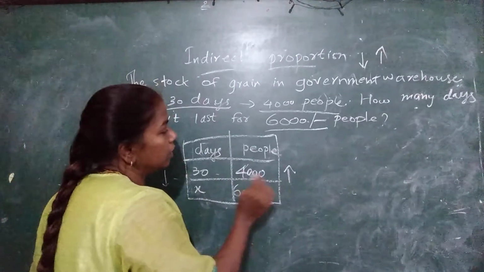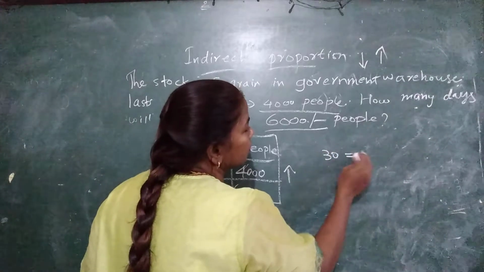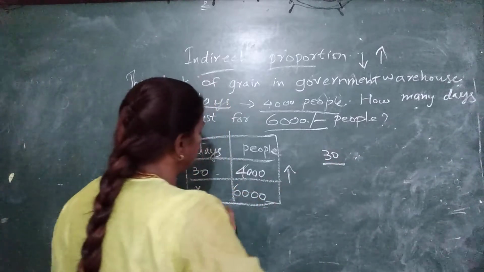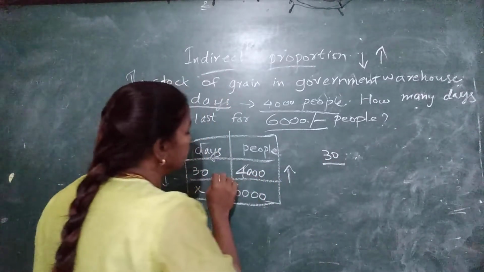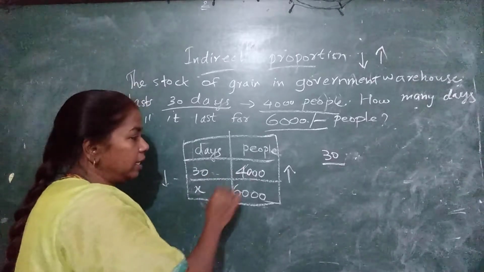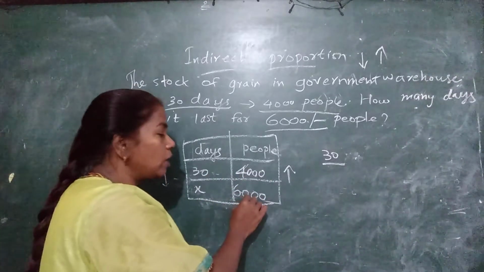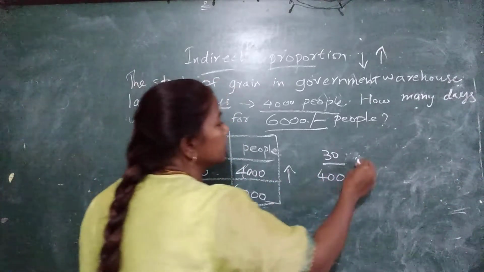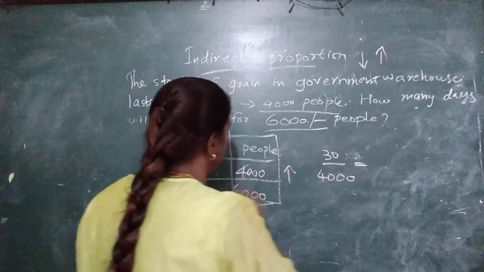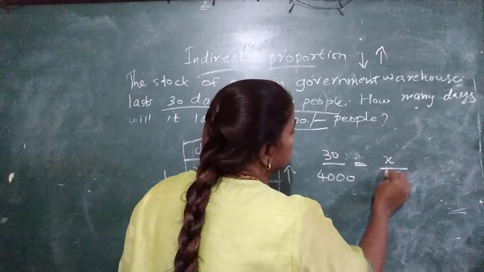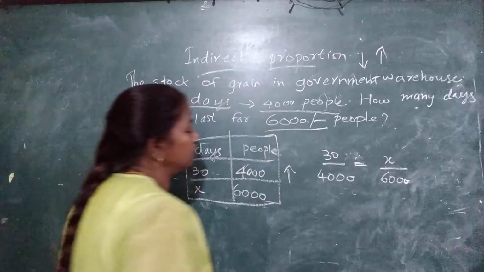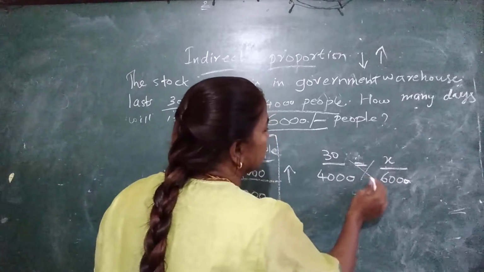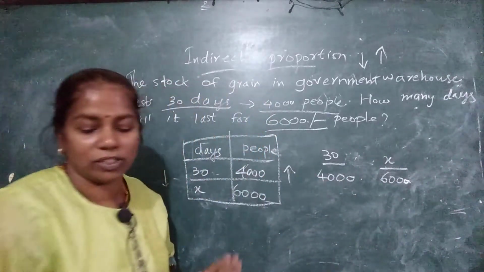Now how will I write this? Before I used to write 30 upon x and 4,000 upon 6,000. I am really very sorry.